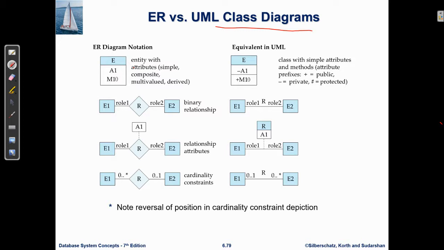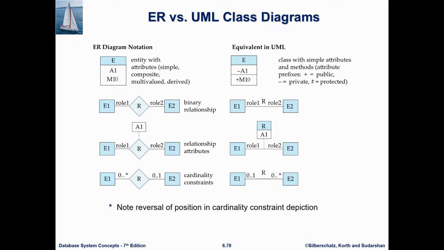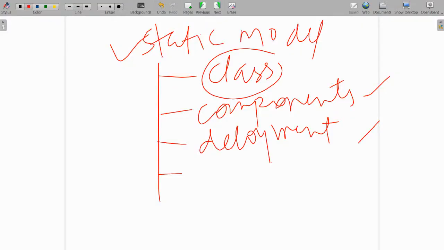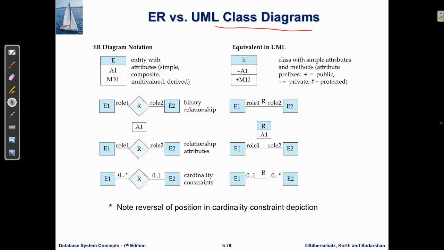So my question is, this UML class diagram will come under which? Static, static model. Okay, so we will see this. Just have a view of your ER diagram.